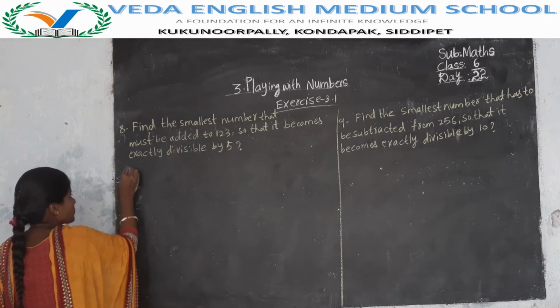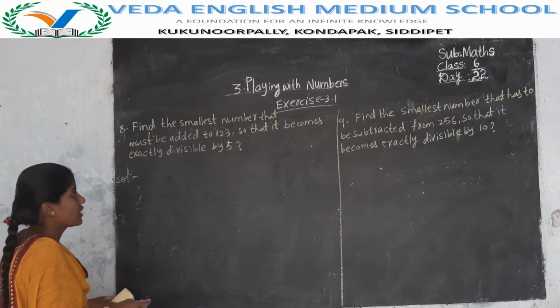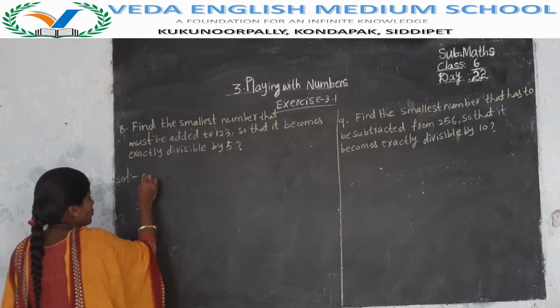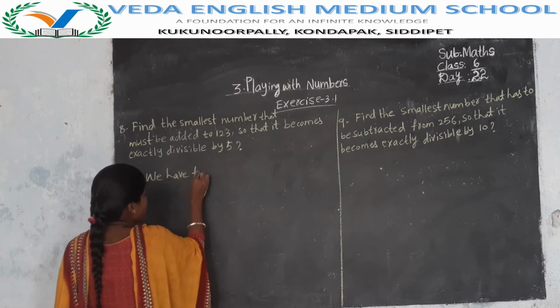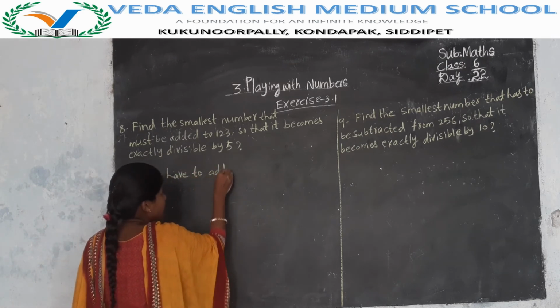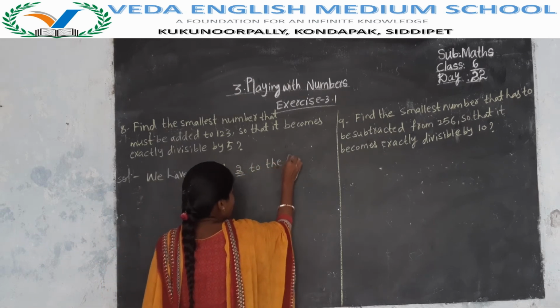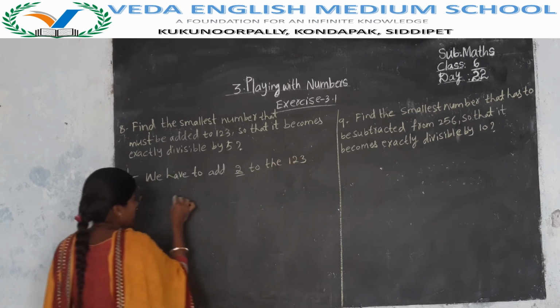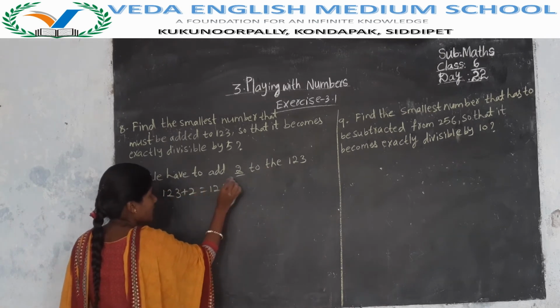Solution: Find the smallest number that must be added to 123. So we have to add 2 to the 123. 123 plus 2 it is 125.